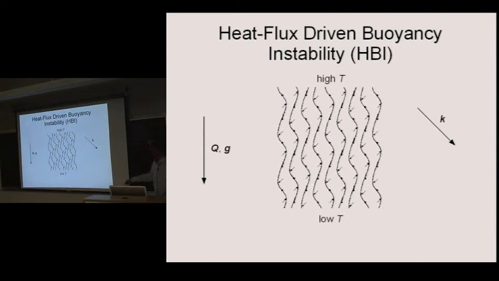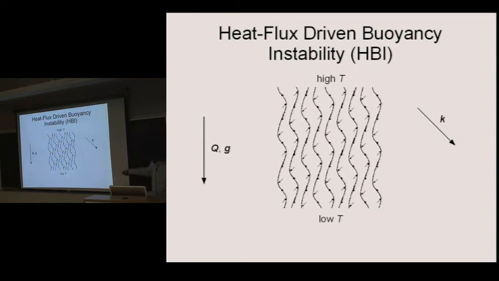So if you have a perturbation that's going upwards, the field lines converge, you get convergence of heat flux, that means that you're heating up. So you have a perturbation that goes upwards and gets heated up by this heat flux, and it heats up more, so it goes upwards more, and it's unstable.